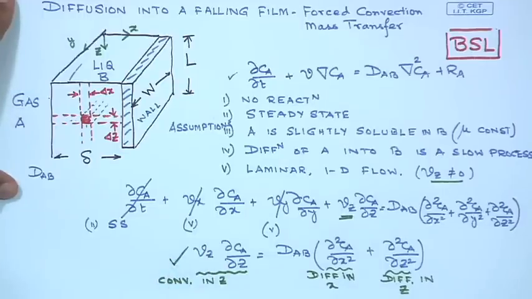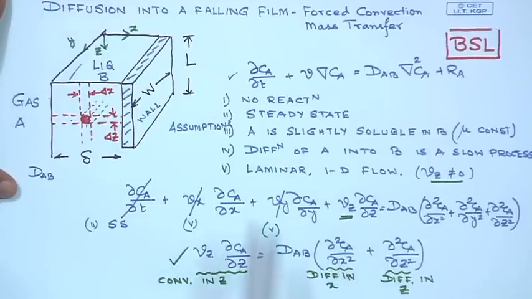There is substantial convection in the falling film because of the predominant velocity V z in the z direction. So, molecules of species A which are being absorbed in the liquid will travel towards the bottom at a high rate. So, convection in the z direction can never be neglected. So, the first term in here must remain in my governing equation.